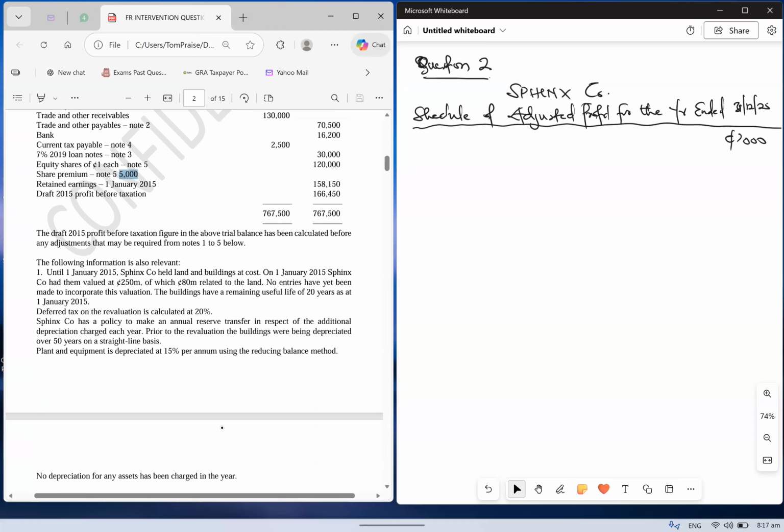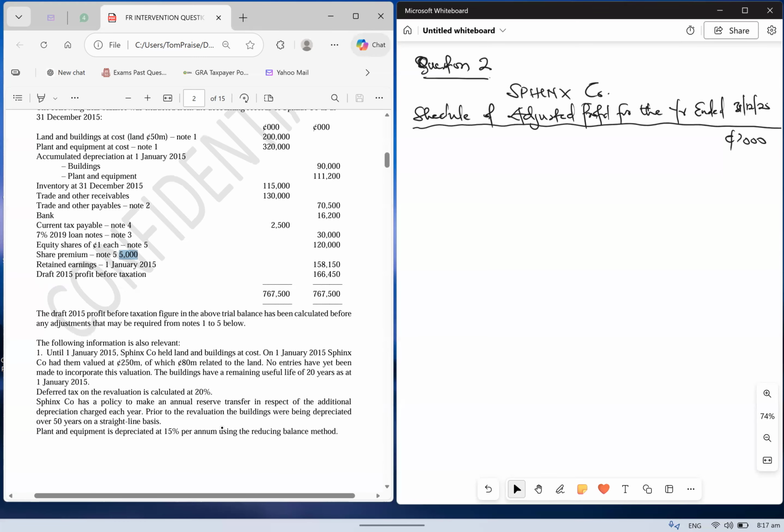Then on January 2015, they had valued them at 250, of which 80 belongs to land. So prior to this figure that we have, it was at cost, but they have revalued them. All right, then it says that 80 relates to land. No entries have been made to incorporate this valuation. The building has a remaining useful life of 20 years as at 1st January 2015.